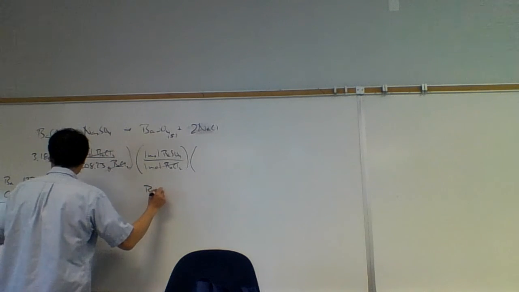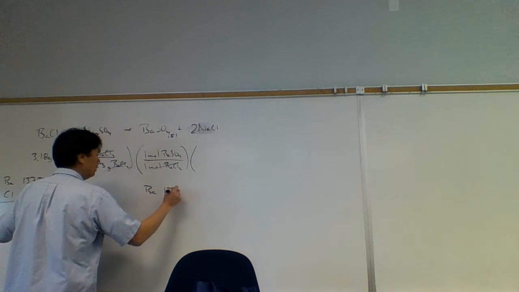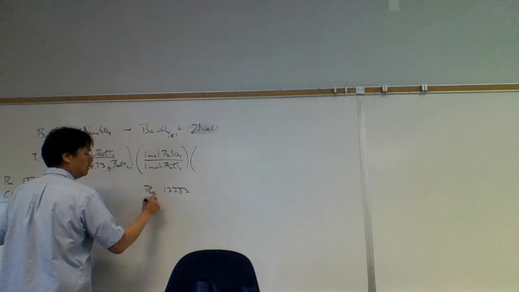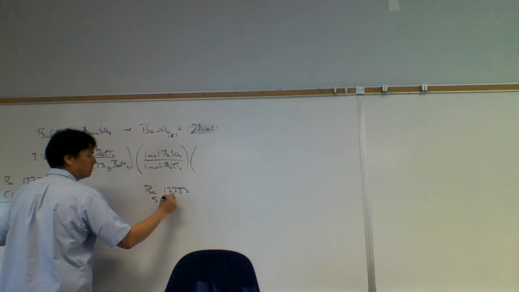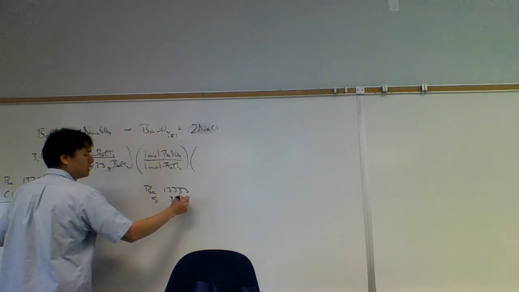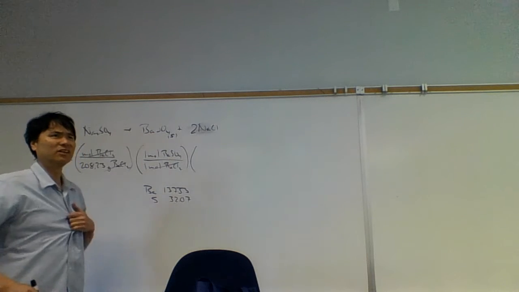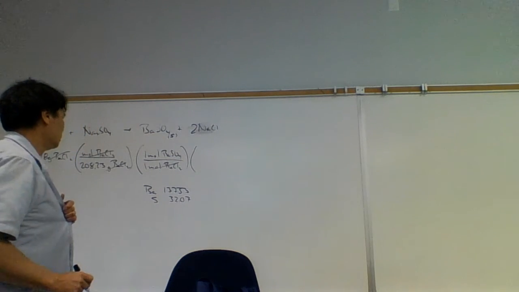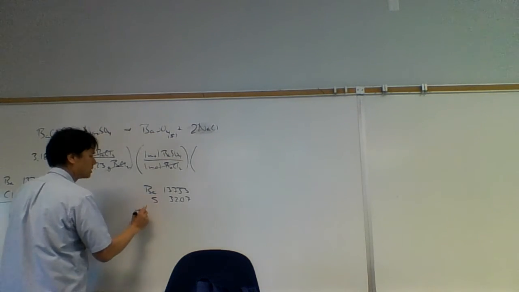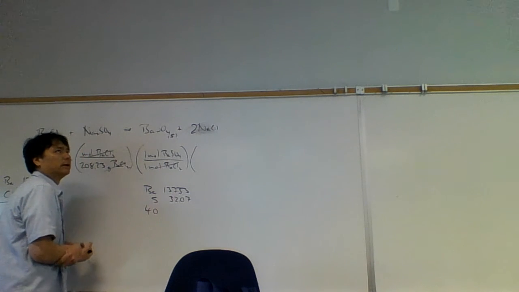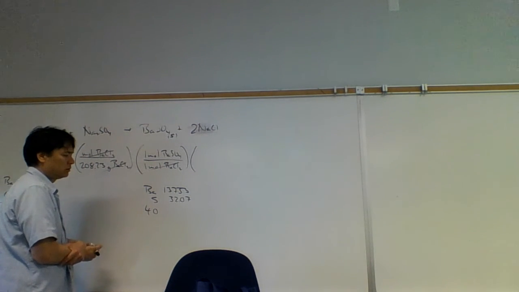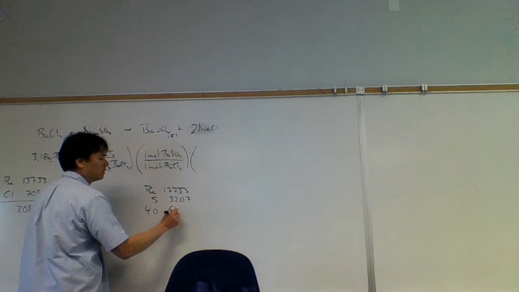And so barium is 137.33. Sulfur is 32.07. And 4 oxygens. Okay, 2 oxygens is 32, so 4 oxygens would be 64.